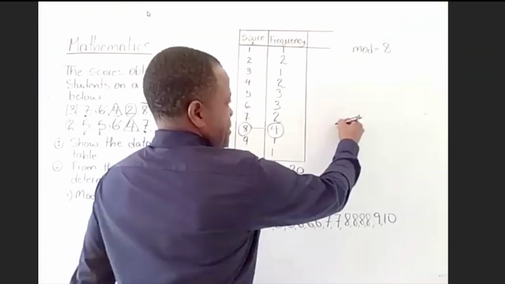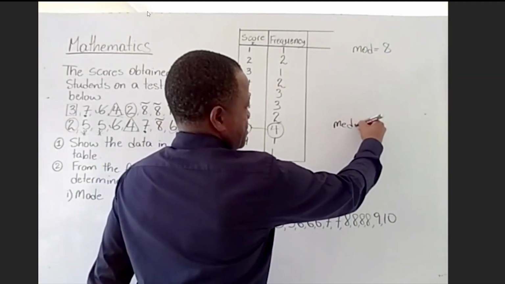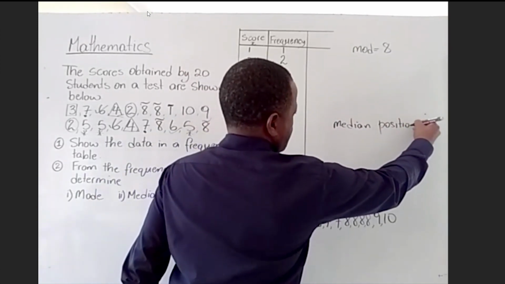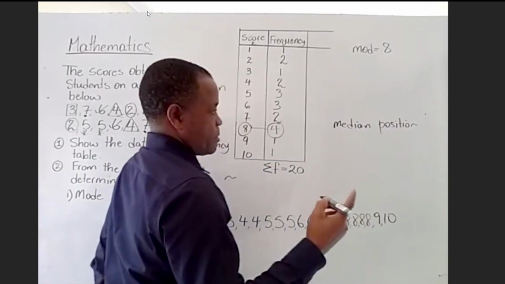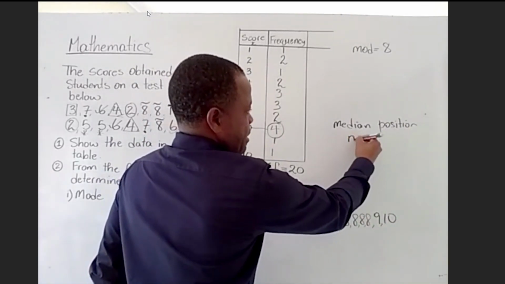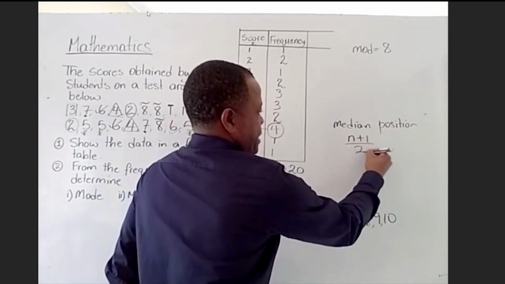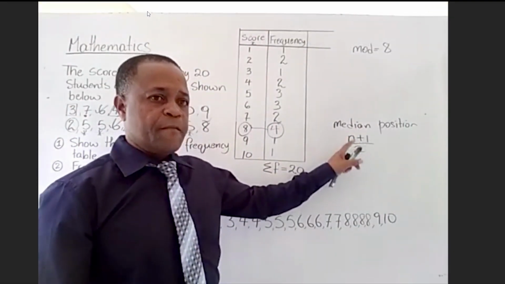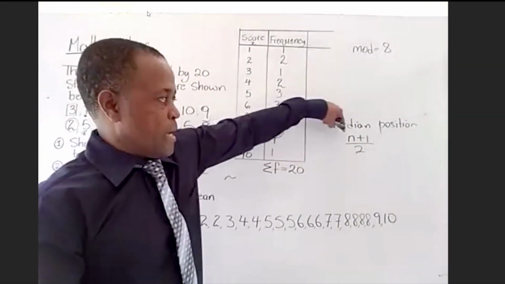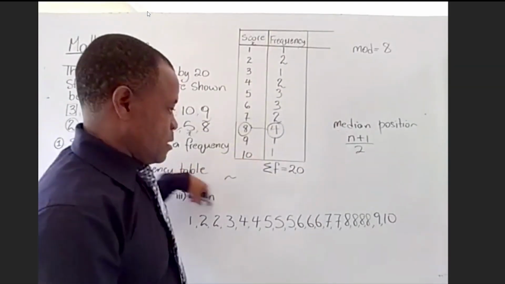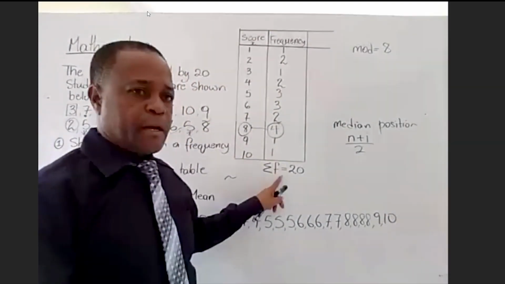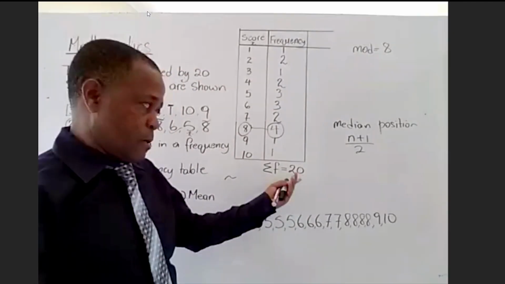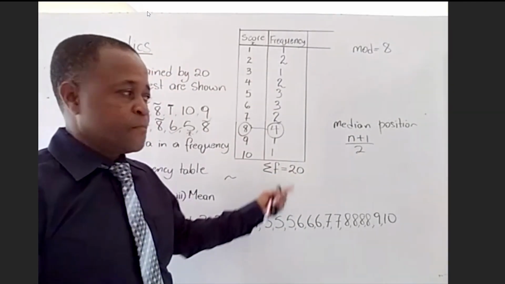The median position, we get that by doing n plus 1 divided by 2, where n represents the number of measures or the total frequency.